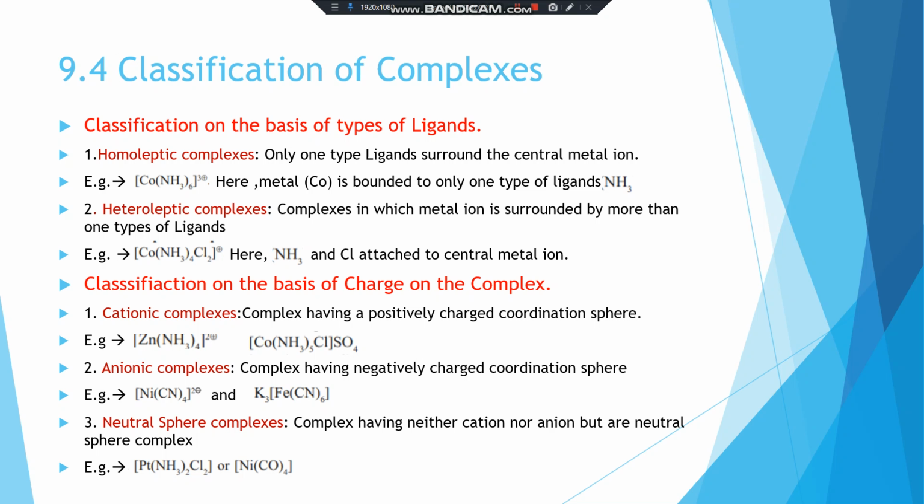Neutral sphere complexes have neither cation nor anion, they are neutral. Platinum [Pt(NH3)2Cl2] and [Ni(CO)4] are examples of neutral sphere complexes. And this is the classification of complexes.